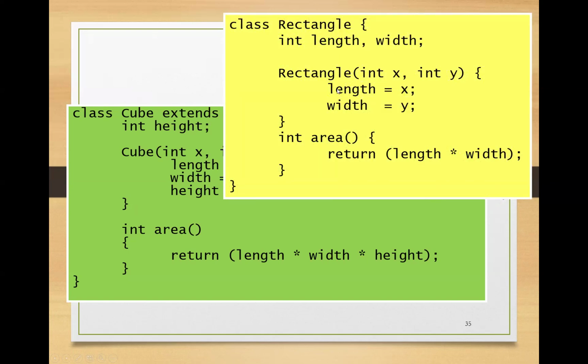This is the rectangle class. The rectangle class has the area calculated by multiplying length into width. But in the cube class, you have the area method. You have overridden the area method by changing the behavior. Rather than returning length into width, you have changed it to return length into width into height.